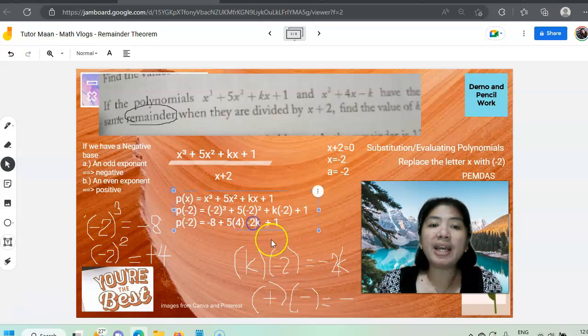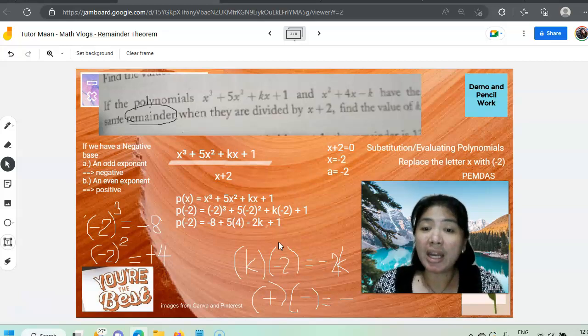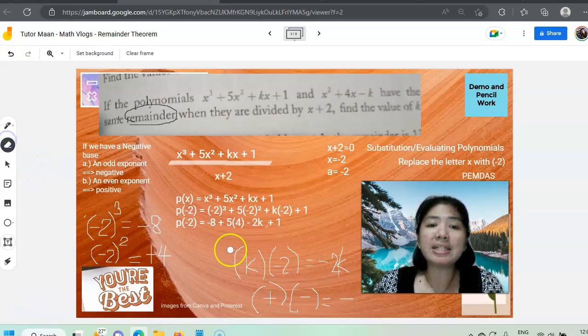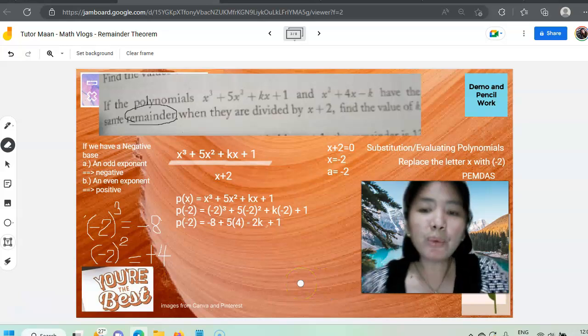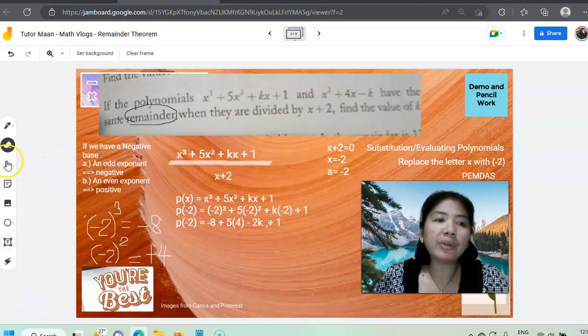So if we have negative 2k here, it means that the sign of the third term is negative. The third term is negative 2k. So you can practice saying negative 2k instead of minus 2k. Now we are ready to evaluate further.